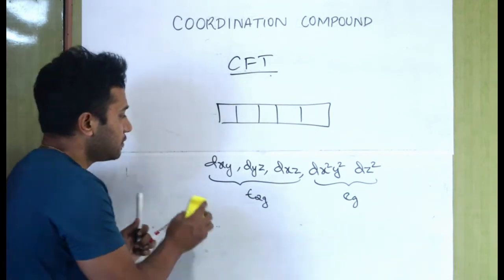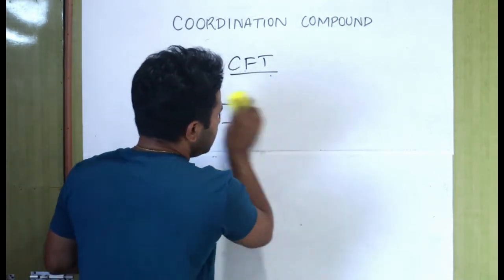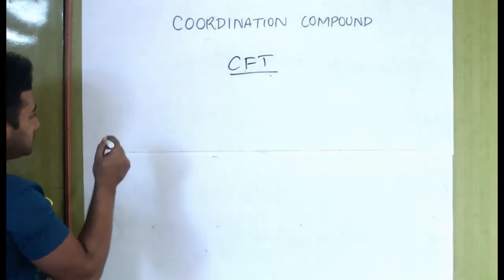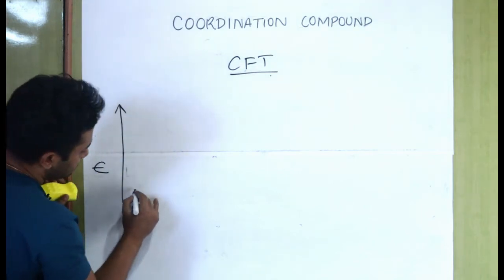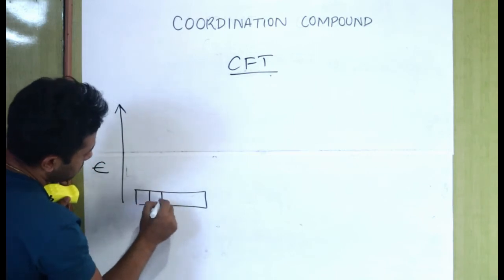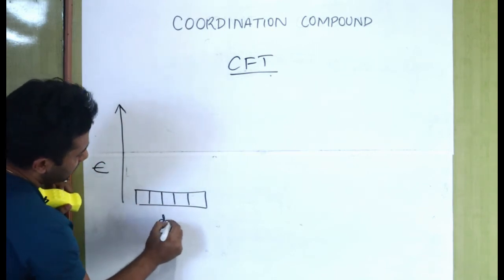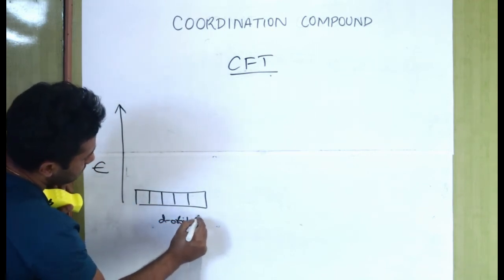But when the ligands approach closer to the d orbitals, their degeneracy decreases. So let's say this is the energy out here. This is the d orbitals in the ground state.